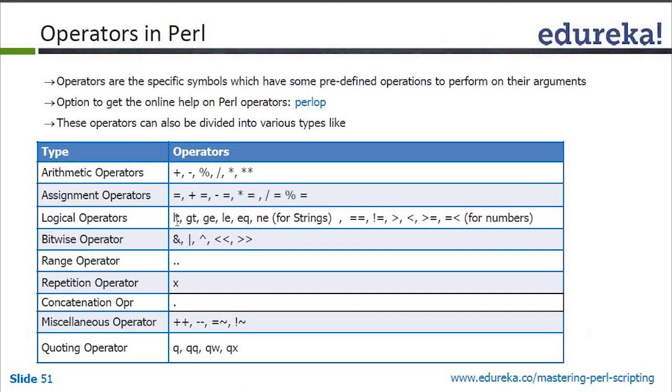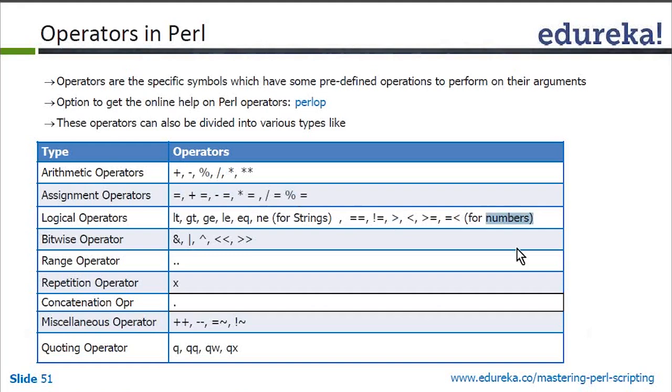And in Perl, instead of having greater than symbols, lesser than symbols, as we have in other programming languages, Perl has differences in how we use greater than or less than. It can be greater than or less than symbols only for numbers.